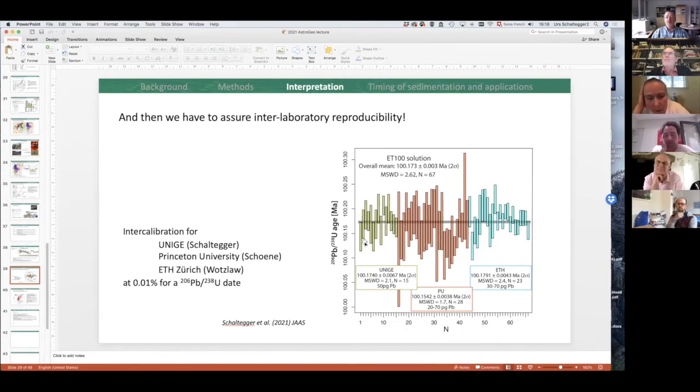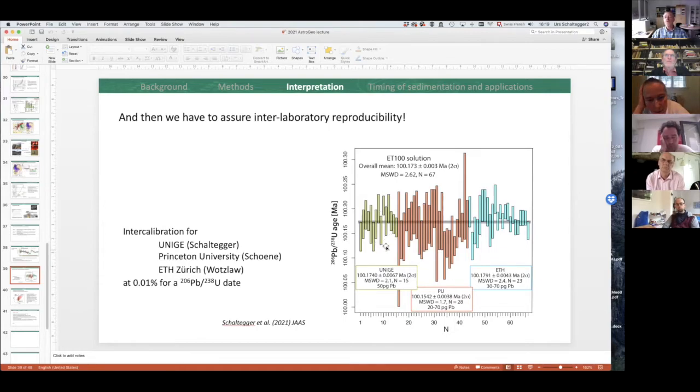So these are all labs which are in the EarthTime consortium. So we are all using the same tracer solutions. That gives us the possibility to compare our results with analytical uncertainty only. So no external systematic uncertainty, only the random analytical uncertainty of our procedure in our lab. So if we had different tracer solutions in these different labs, this would add maybe another 50% to this uncertainty here.